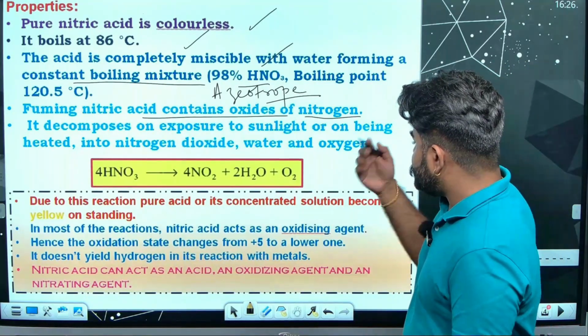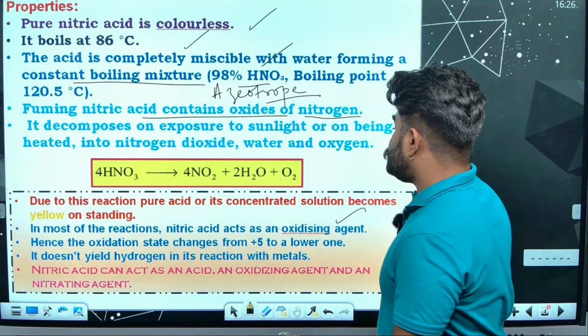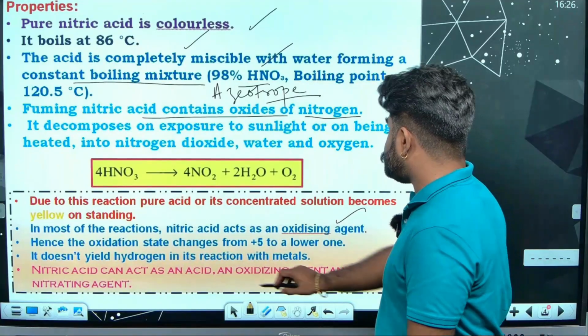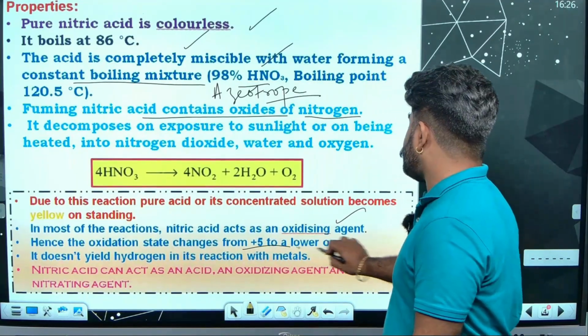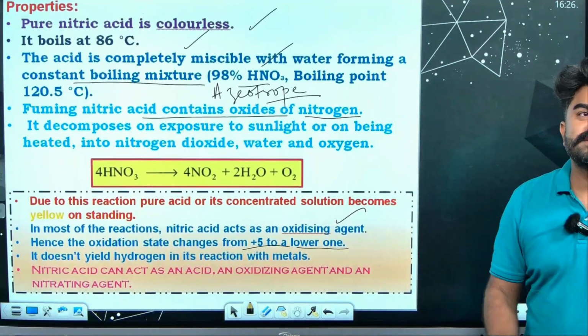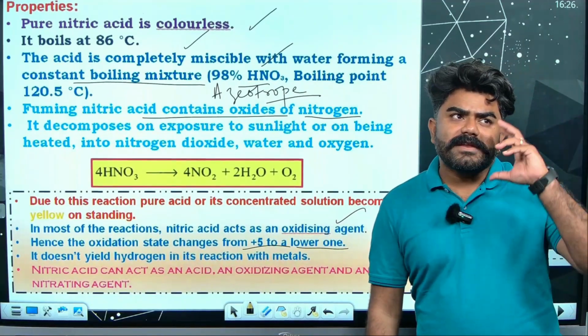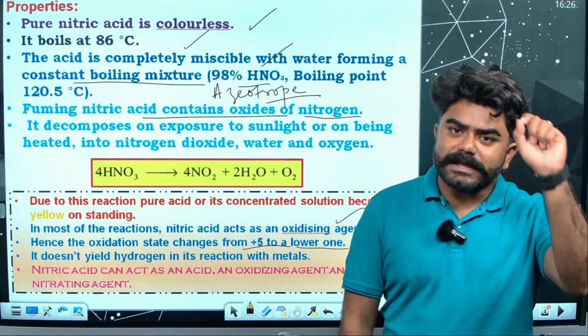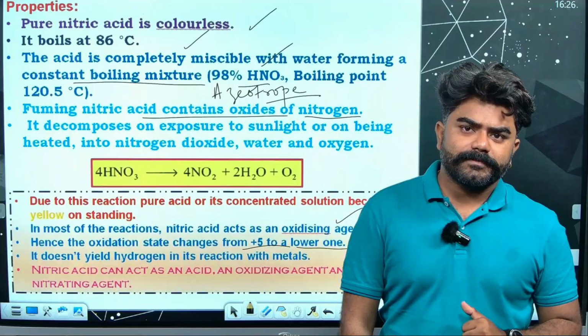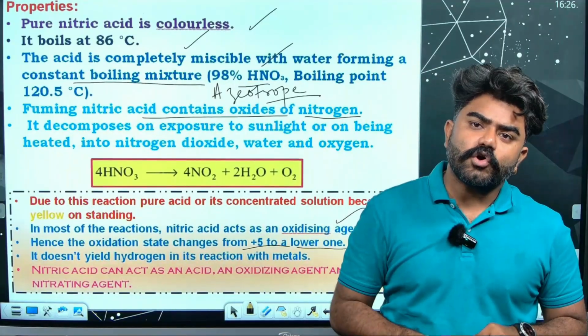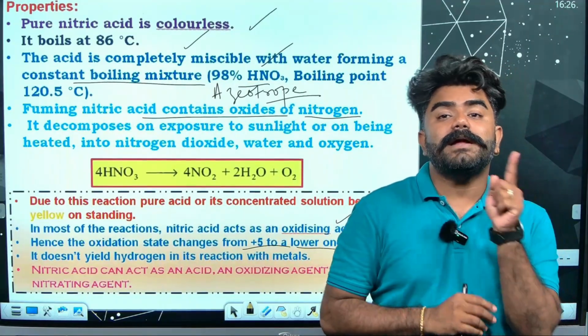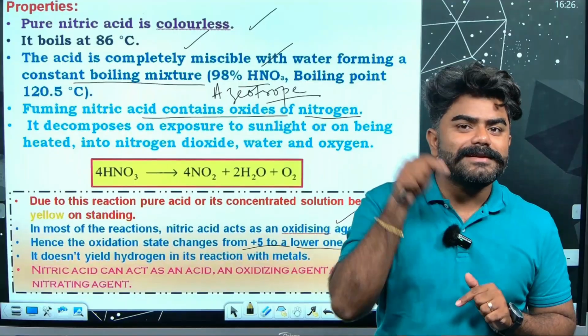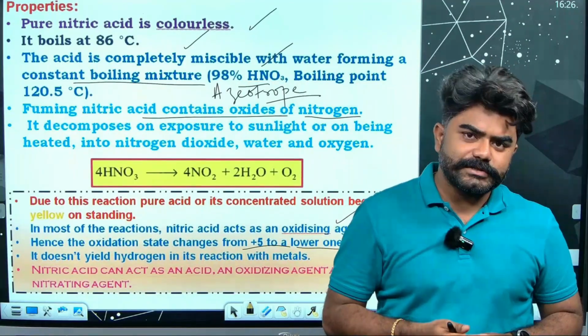Okay, and then you see that this nitric acid can act as an oxidizing agent, and it can change its oxidation state from +5 to a lower oxidation state. So when it is changing its oxidation state from +5 to a lower number, a reduction in oxidation state is nothing but reduction, but we claim nitric acid to be an oxidizing agent.